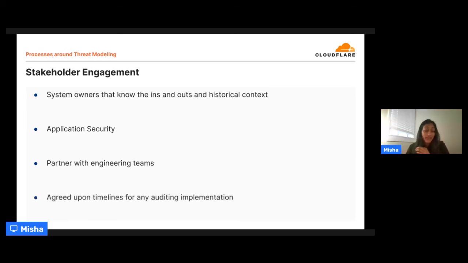Agreed upon timelines for any auditing implementation. At Cloudflare, at least for us, what's worked is if there's business needs and external needs outside of the security team that are also helping us ask for an implementation and auditing, engineering teams are quicker to get to it, but that's not always the case.